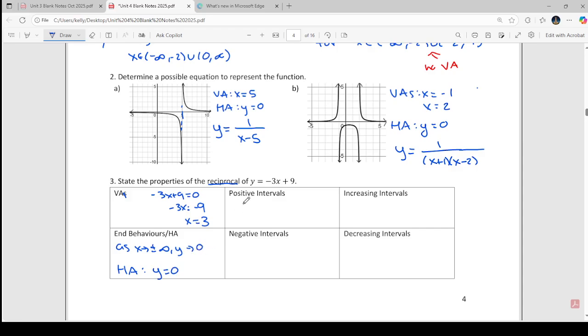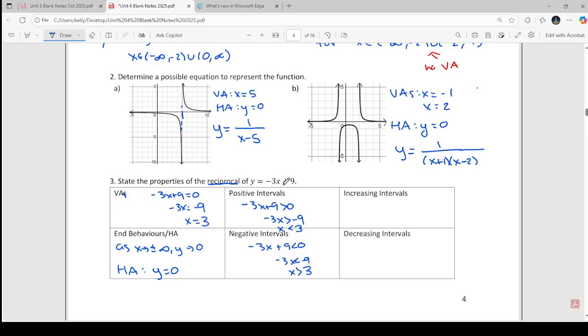Reciprocal functions will have the same positive interval as your line. So -3x plus 9 is greater than 0 means -3x is greater than -9, or x is less than 3. We are dividing by a negative and reversing the sign. The negative intervals will be when your line is less than 0, so x is greater than 3.